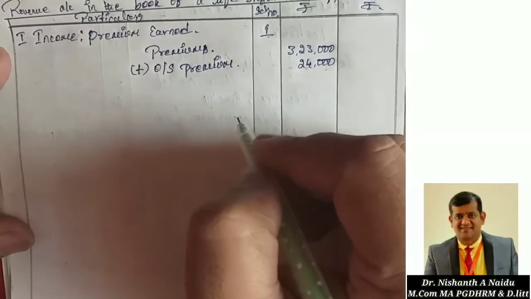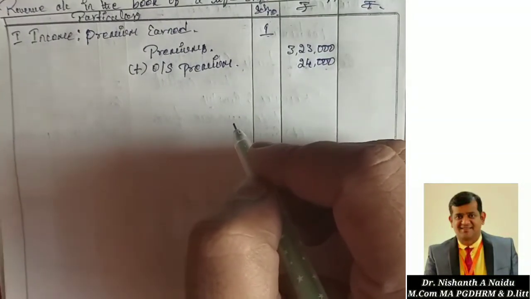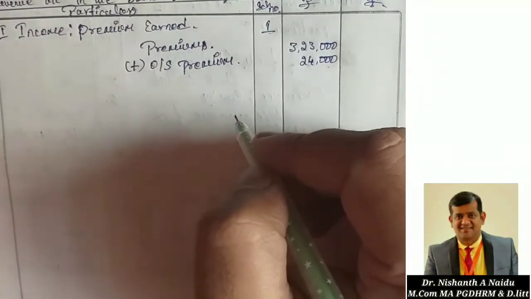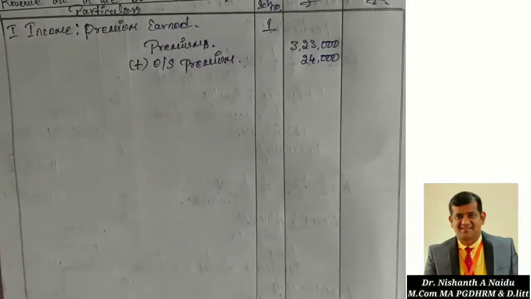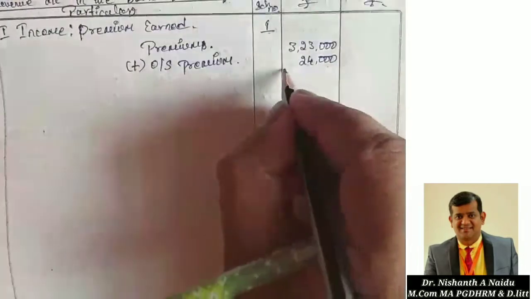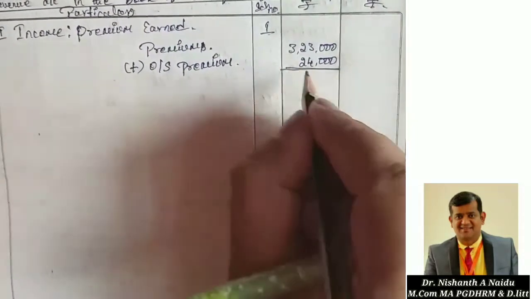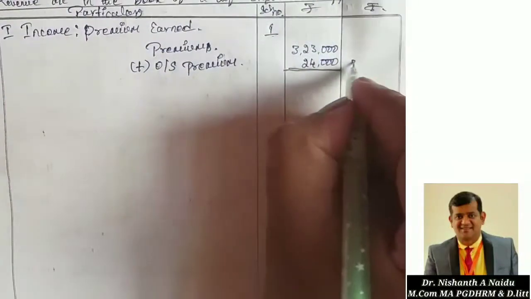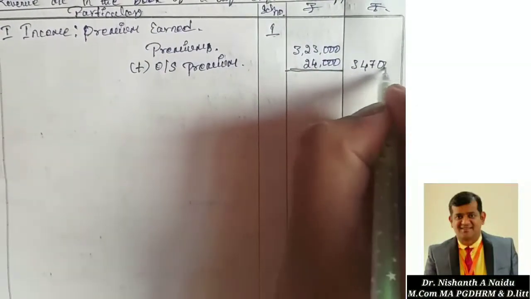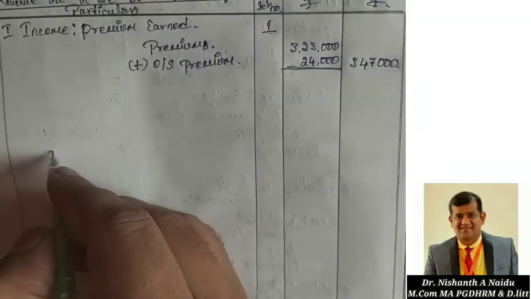So the total which I get, how much? Use the calculator, as I always insist you people to use the calculator. 3,23,000 plus 24,000 is 3,47,000. I'm writing this total in the outer column, 3,47,000.